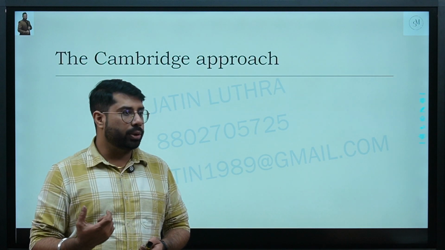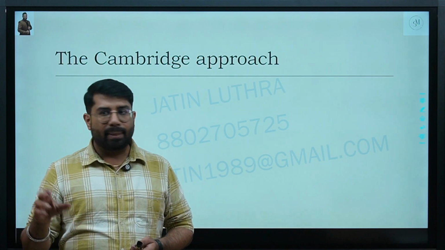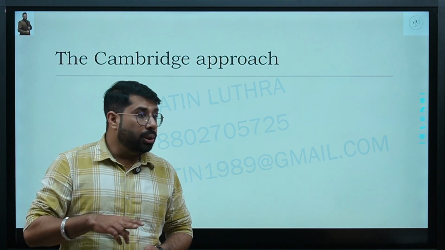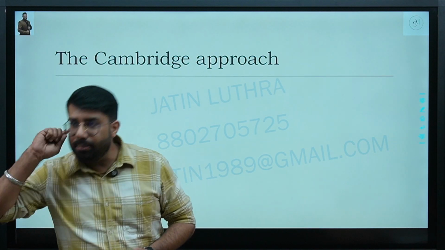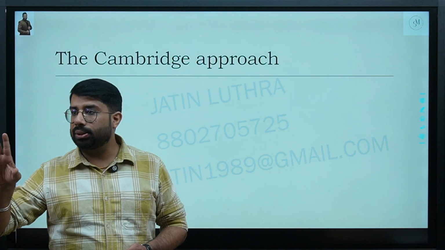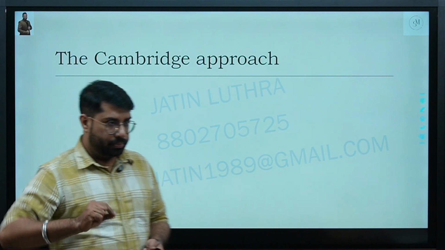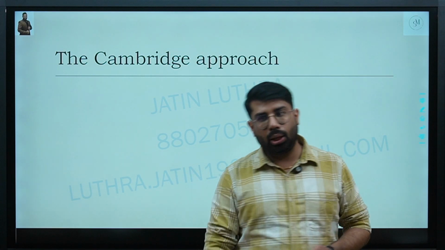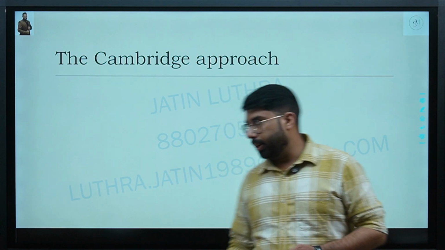What was the equation of exchange? MV equals PT was the first version. Extended version: MV plus M dash V dash equals PT. What is M dash V dash? The credit money. M dash V dash is the supply of credit money in the market. Are we clear? Alright.